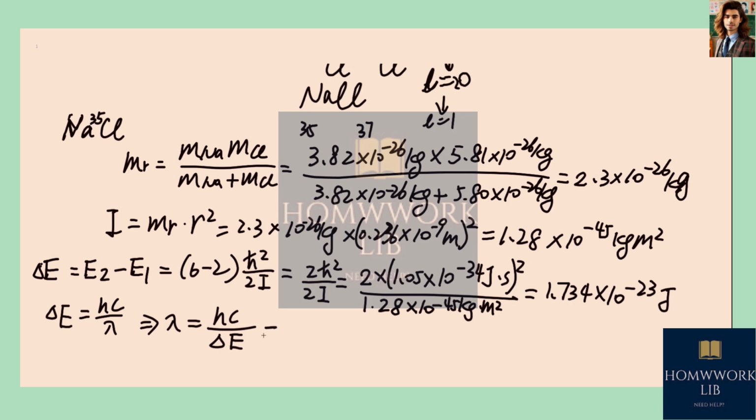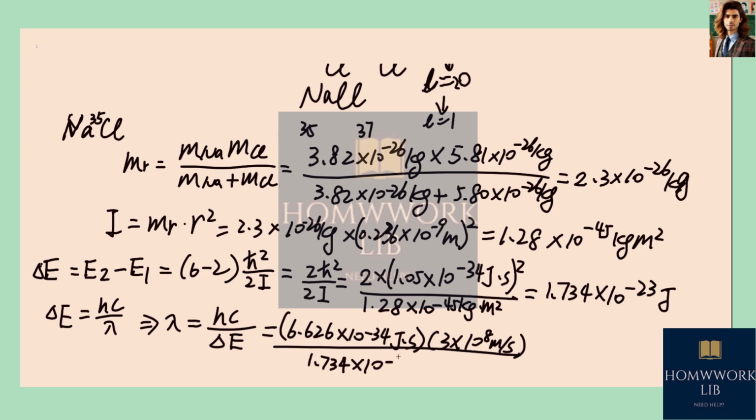So this is equal to 6.626 times 10 to the negative 34 joule second times 3 times 10 to the 8th meter per second over 1.734 times 10 to the negative 23 joule, as we found in the previous equation. This gives us a wavelength of 1.146 times 10 to the negative 2 meter, which is roughly 1.15 centimeter.